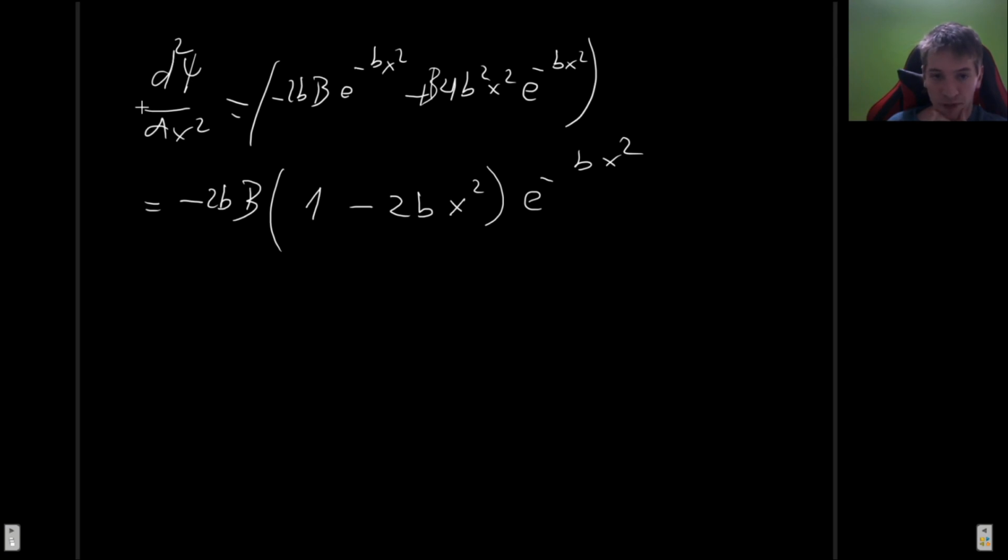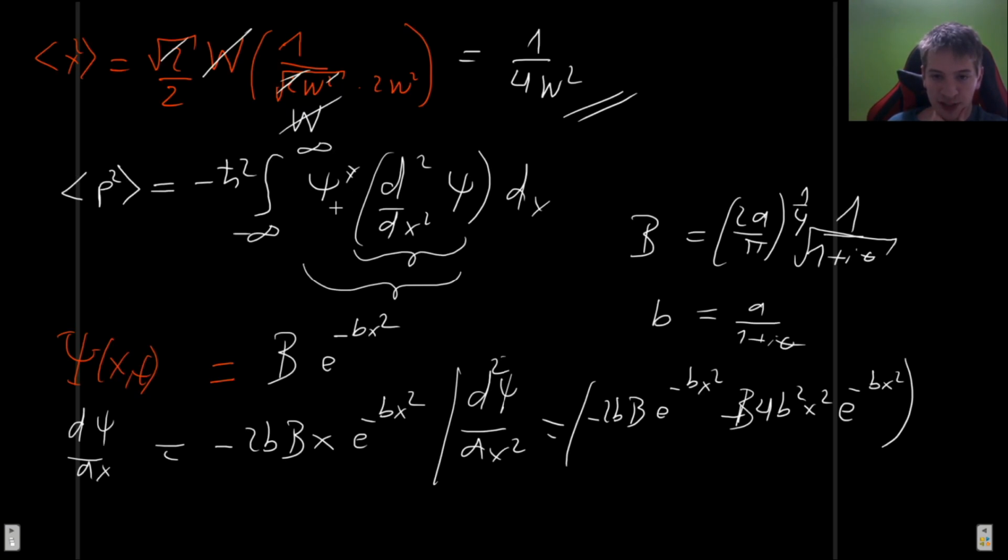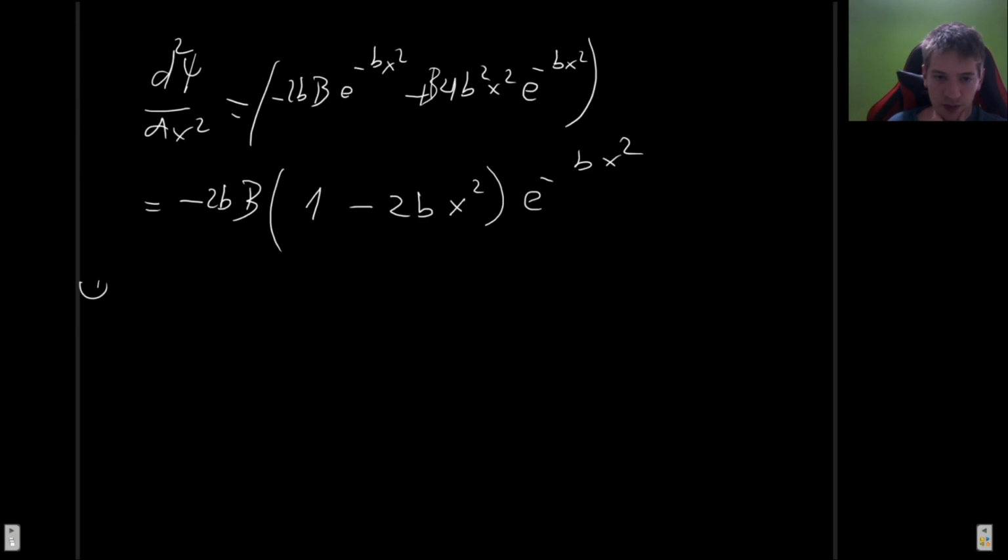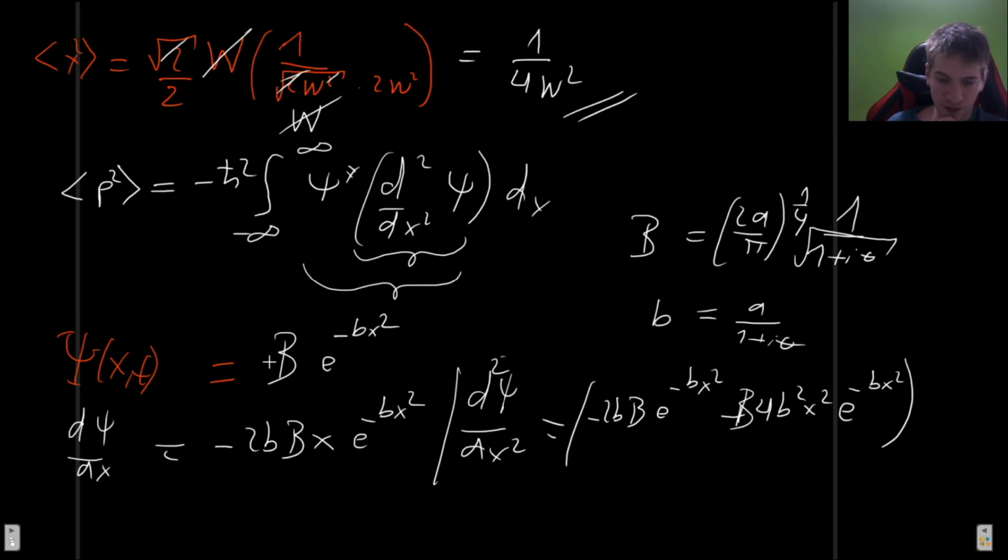Now that we have this, in order to compute the integral, we still need to multiply this. Where were we here? With psi conjugate, right? So you need to see this product. Now, psi conjugate is going to be b conjugate, because remember our wave function is b e to the minus bx squared.